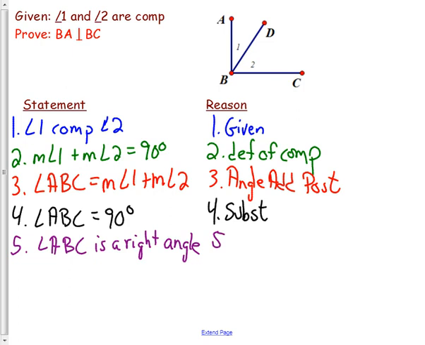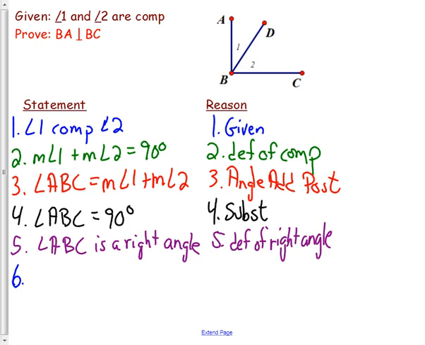Why can we say that? Well, it's the definition of right angle. If it's 90 degrees, it's right. So that was the definition of right angle. And finally, what's the connection between right angle and trying to get to perpendicular?